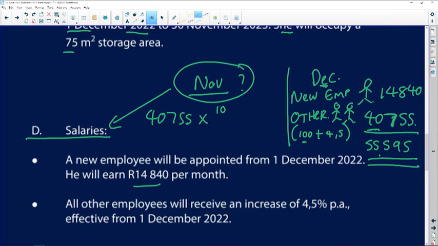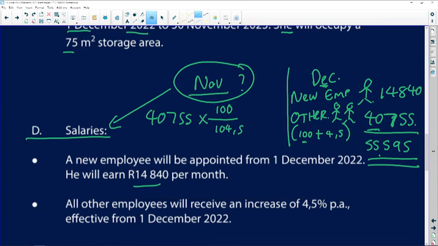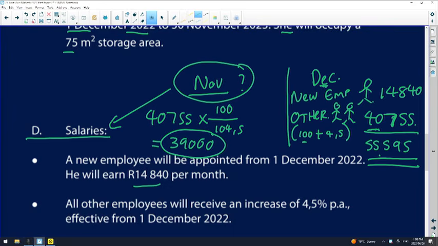So I want the 100 divided by what I've been given, which is obviously 104.5, right, with the increase. Okay, right, so let's get our calculators out. So the amount in there times 100 divided by 104.5, and they were earning previously 39,000. Okay, so they were earning 39,000 before the increase. Obviously, you can always check whether you are correct, right?